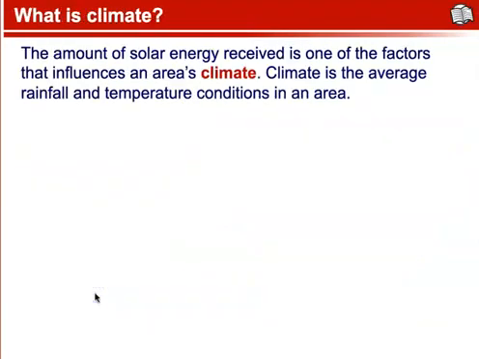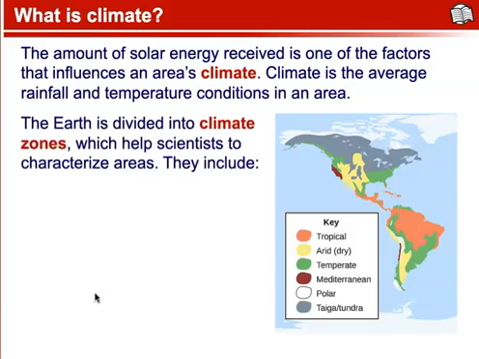So what is climate? The amount of solar energy received is one of the factors that influences an area's climate. Climate is the average rainfall and temperature conditions in an area. Oftentimes, that is over a large period of time. The Earth is divided into climate zones, which help scientists to characterize areas.